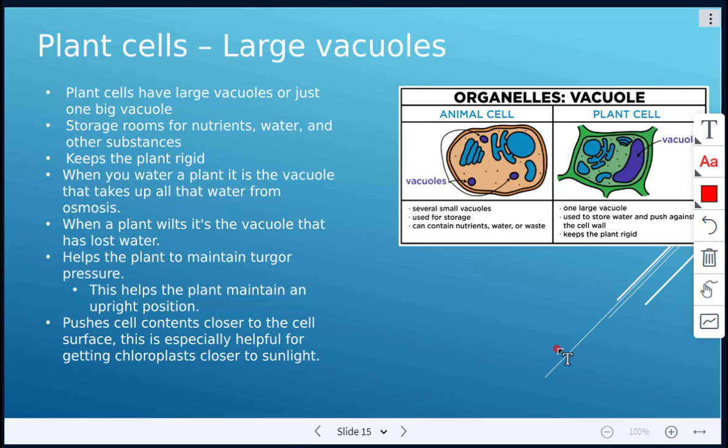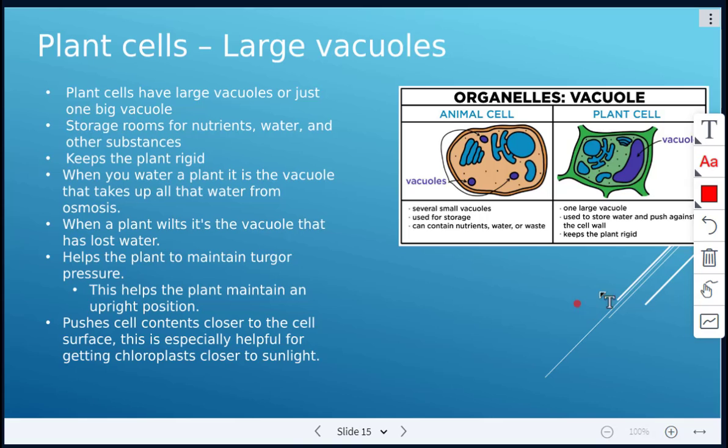So when you water a plant, it's the vacuole that's going to take up all that water by osmosis. When a plant wilts, it's because this vacuole has lost its water. All right, so this vacuole, when it's filled with water, helps the plant to maintain turgor pressure, and that's what helps the plant maintain an upright position.